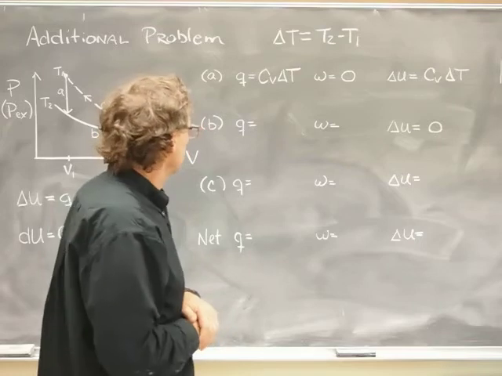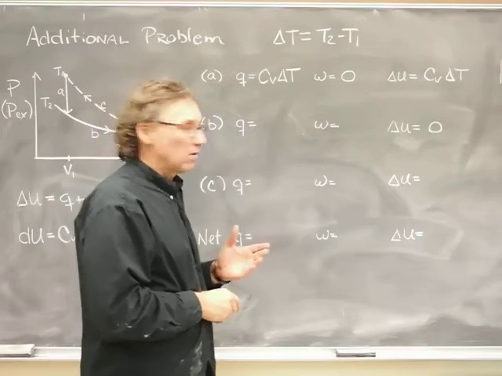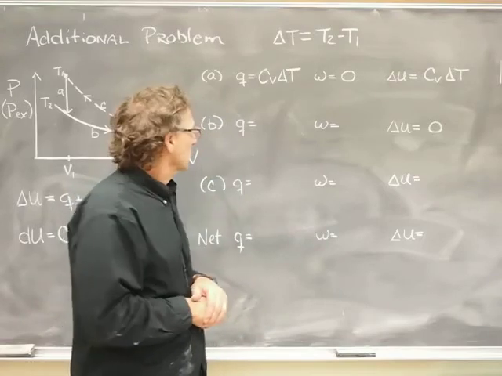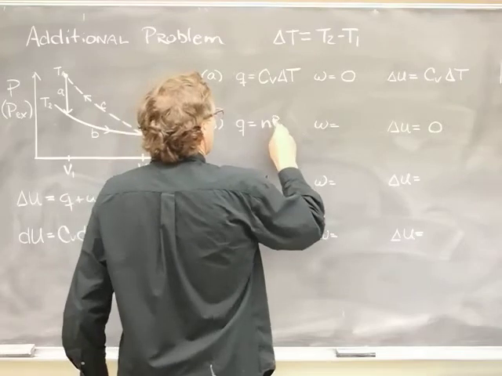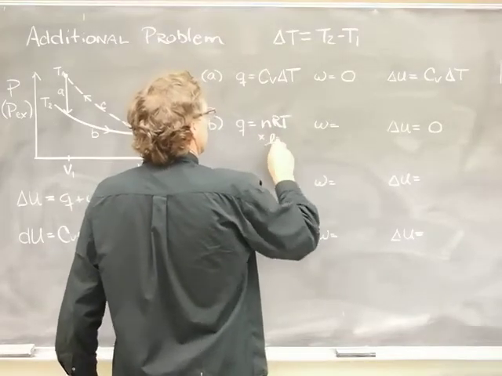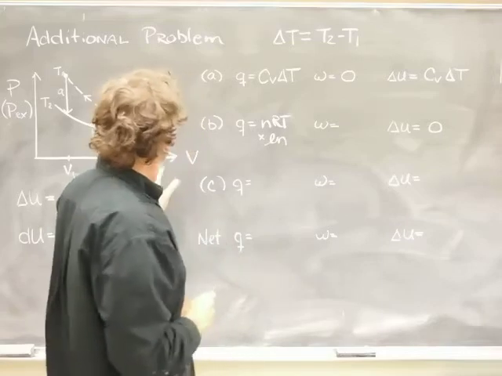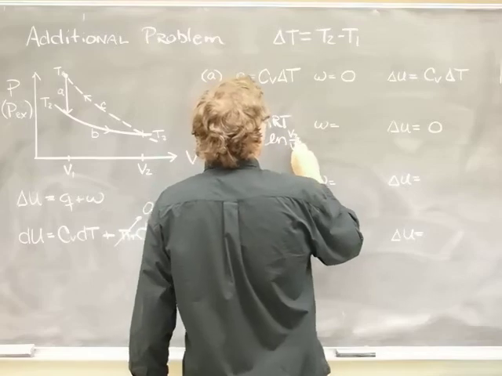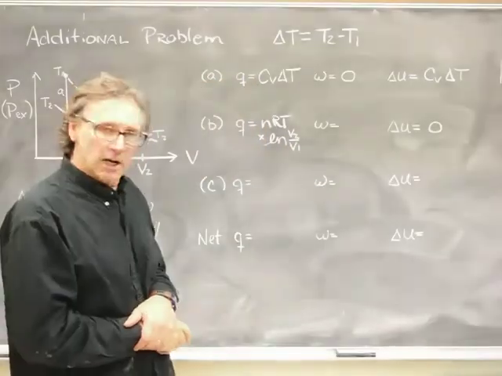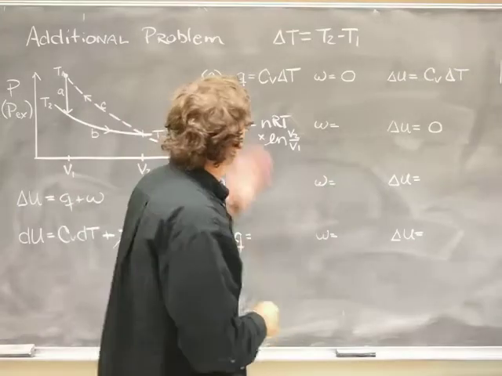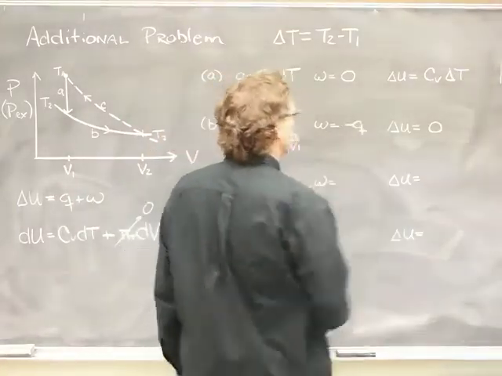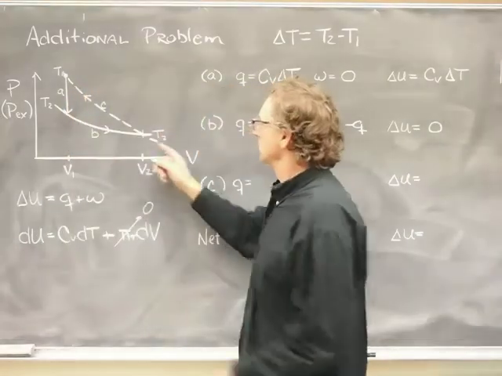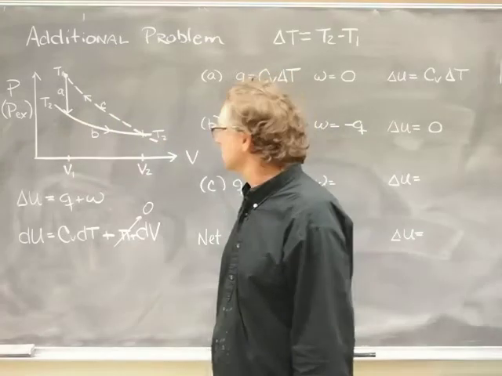What we've seen previously is that the heat that goes into a perfect gas when it's undergoing a reversible isothermal expansion is nRT times the natural log of the volume change, V2 over V1. Okay, so we got that, and again, since delta U is 0, I know that W is just equal to minus Q for that step.